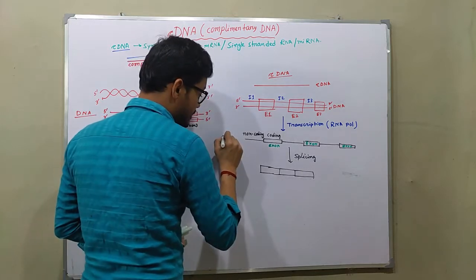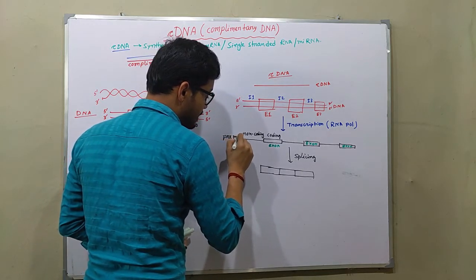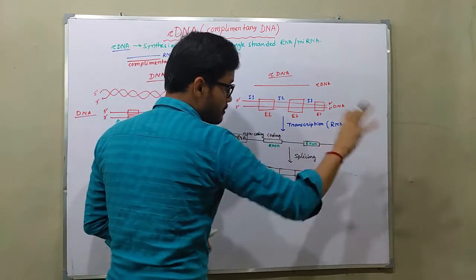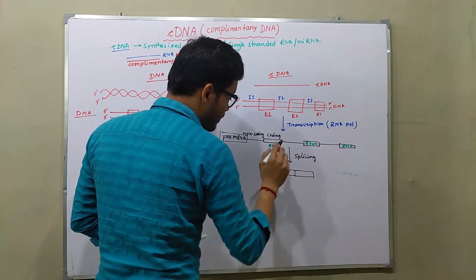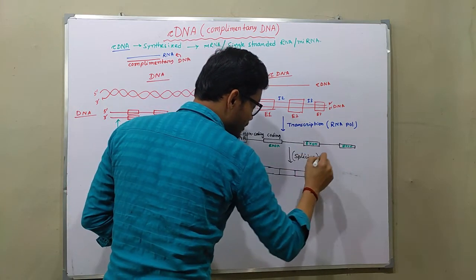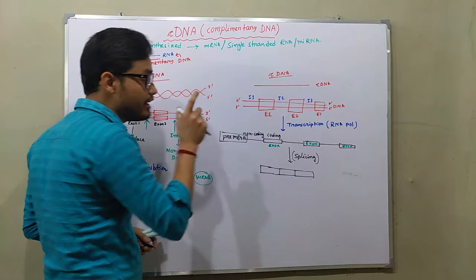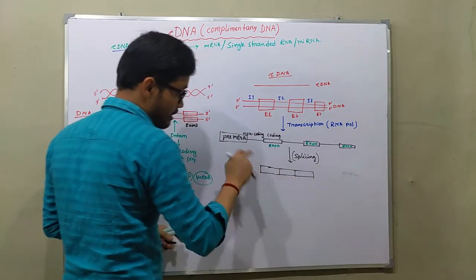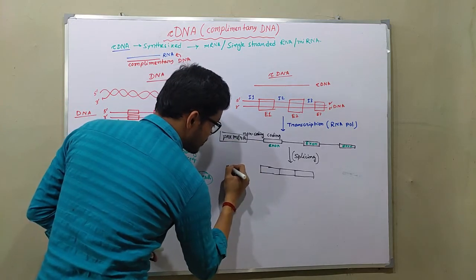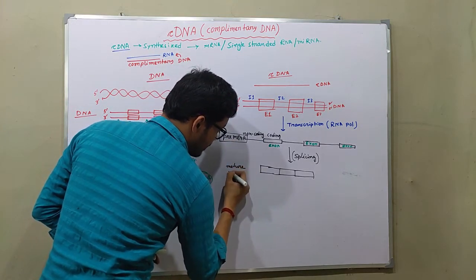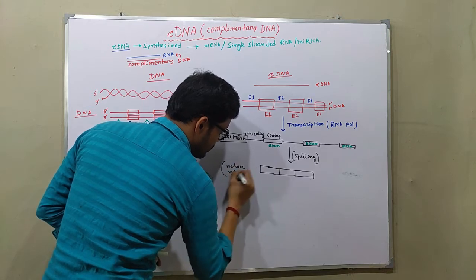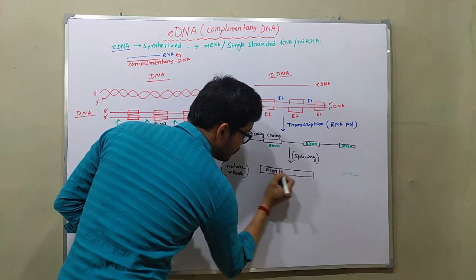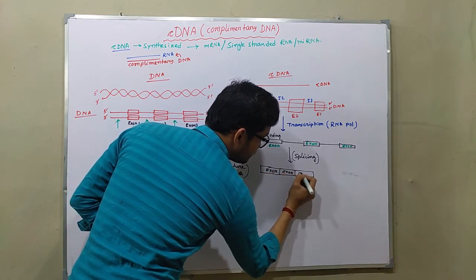This is the pre-mRNA, which consists of exons and introns. After modification or splicing, meaning the cutting of the introns from the exons, only exons reside in the mature mRNA. So in the mature mRNA we have only exons, not introns.